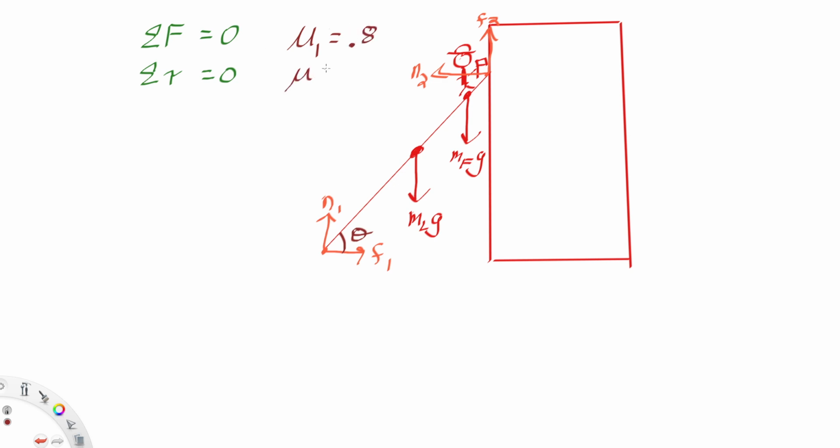And the coefficient of friction between the building and the ladder is only like 0.6. The mass of the ladder itself is, say, 25 kilograms. The mass of the firefighter with all their gear is 150 kilograms.